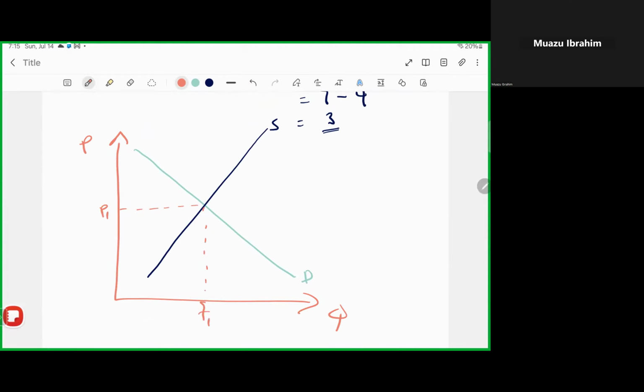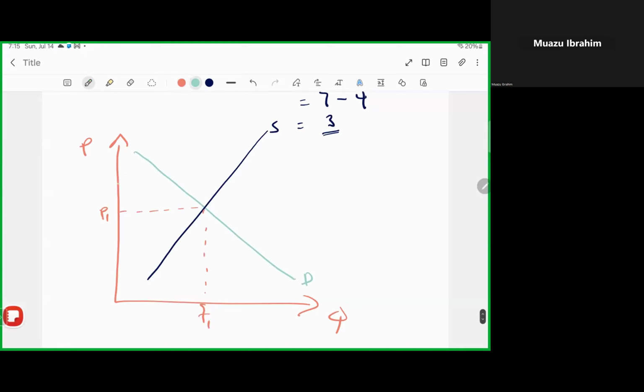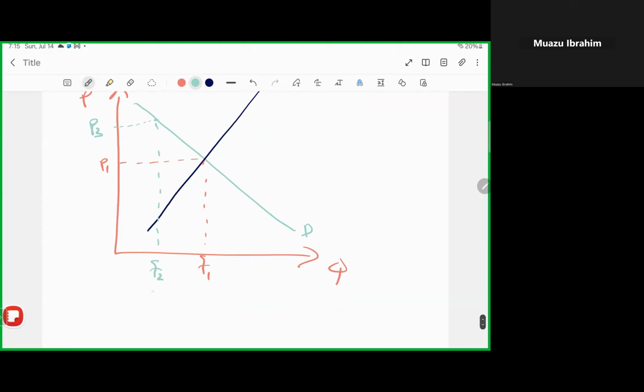Now, if price is more than the equilibrium price, let's say P3, what would be the demand? We trace it to hit the demand curve, then trace it down. This is, let's say, Q2, the quantity demanded.